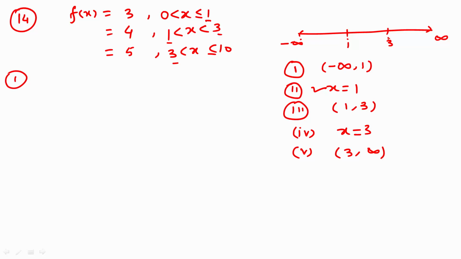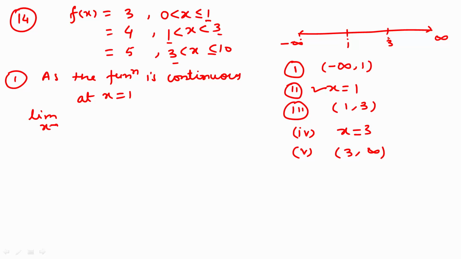The first case, as the function is continuous at x is equal to 1, limit x tends to 1 minus f(x) is equal to limit x tends to 1 plus f(x) is equal to f(1). Limit x tends to 1 minus indicates that x is less than 1. When x is less than 1, we will take the function 3.